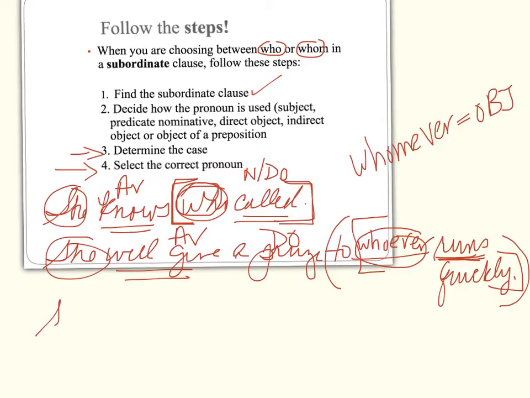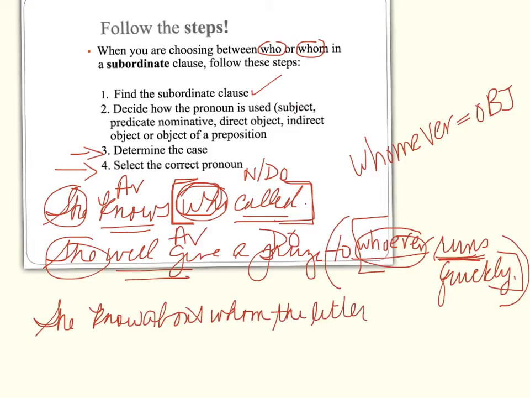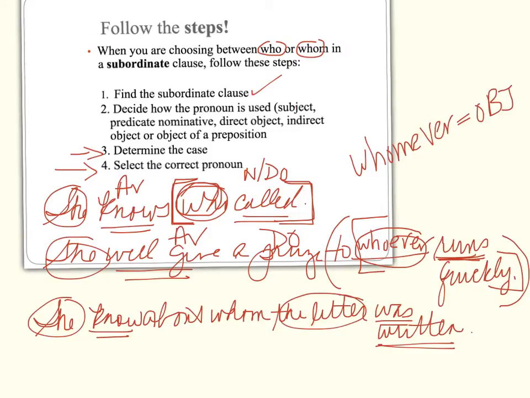Conversely, I could say she knows about whom the letter was written. Start with those verbs. Knows, was written. Who knows? She knows. What was written? The letter was written. So now I have to look at the sentence more closely.